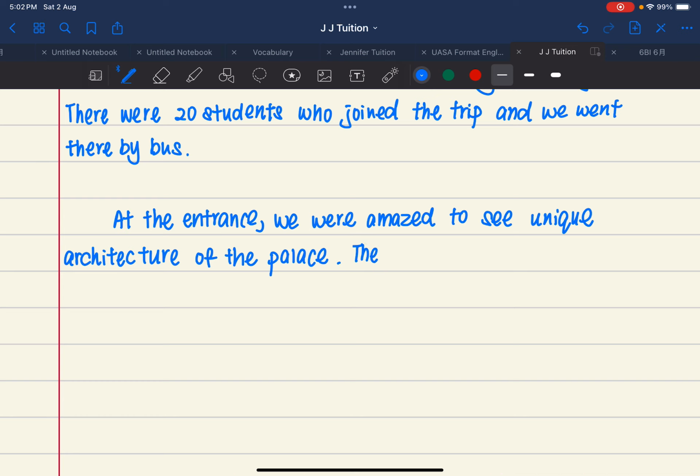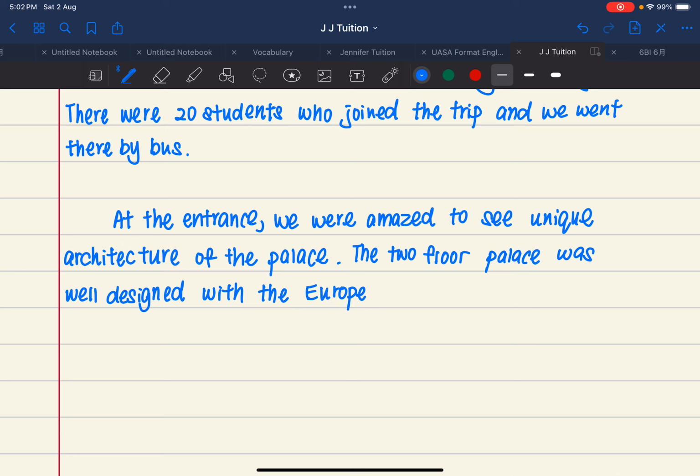So the next sentence we can write: the 2-floor palace was well designed with the European style, especially its exterior.